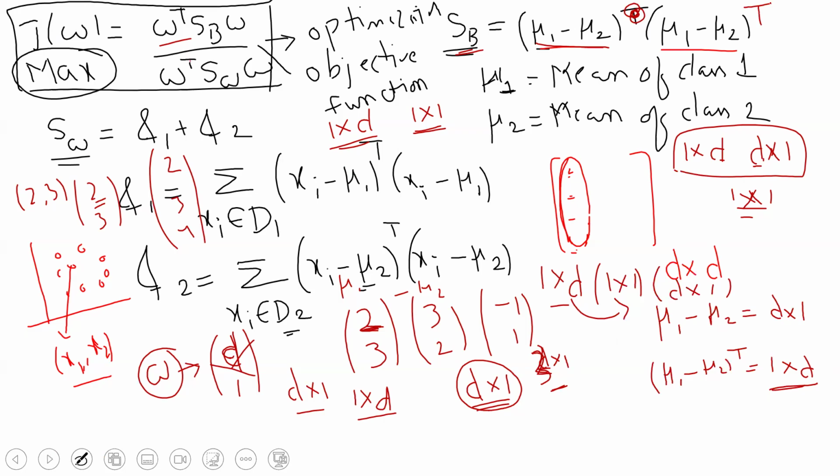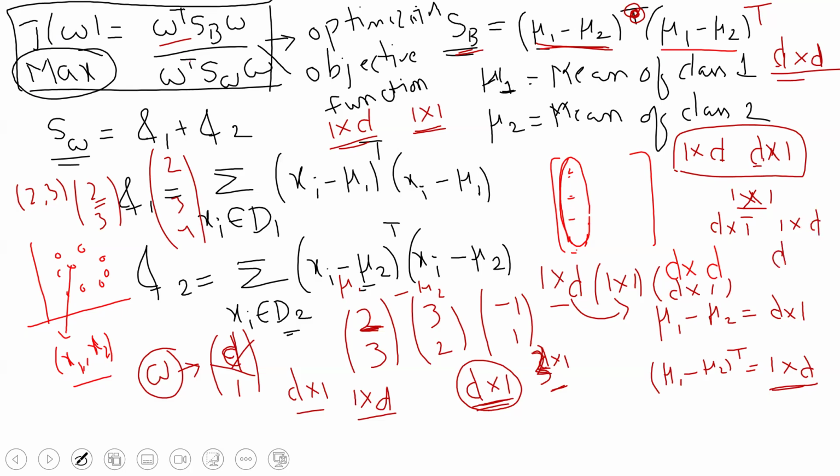Then what does this become? So this becomes a d by d matrix now. We know mu1 minus mu2 is d by 1. What is the dimensionality of mu1 minus mu2? It is d by 1, right? So (mu1 minus mu2) whole transpose is 1 by d.